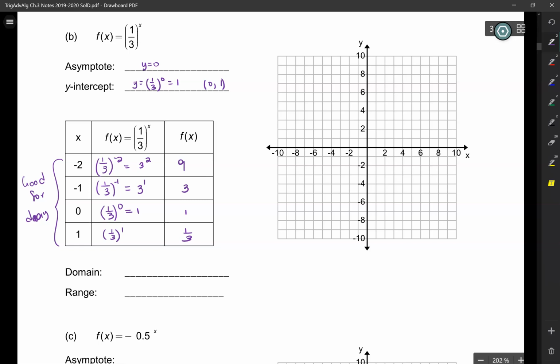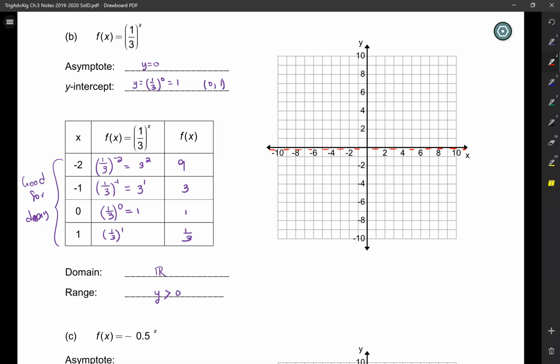Okay, what's the domain here before I graph? All real numbers. What about the range? I have a y, I have a 0, greater than or less than? Greater because it's a positive, okay? All right, so let's see if that will come out in the graph as well. Asymptote first. Again, drawing an exponential function without the asymptote is like drawing a little bunny without the ears.